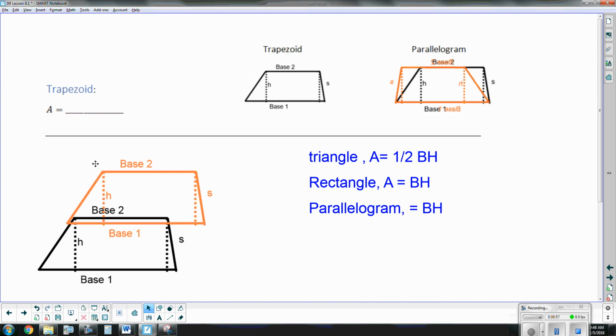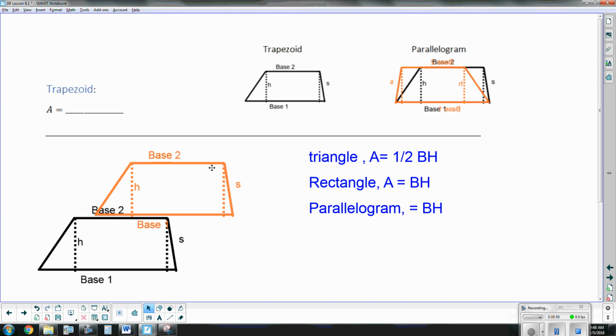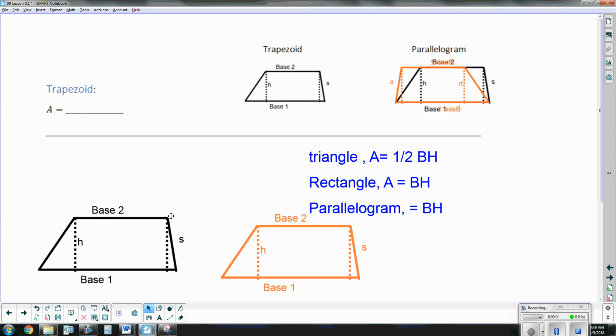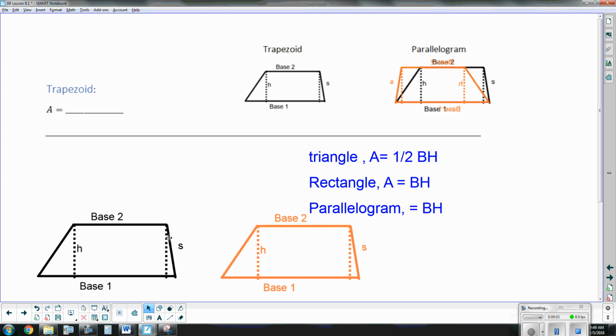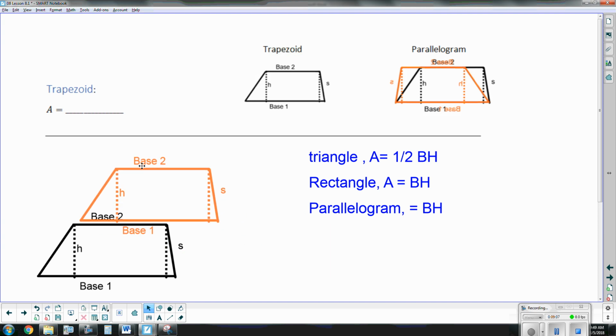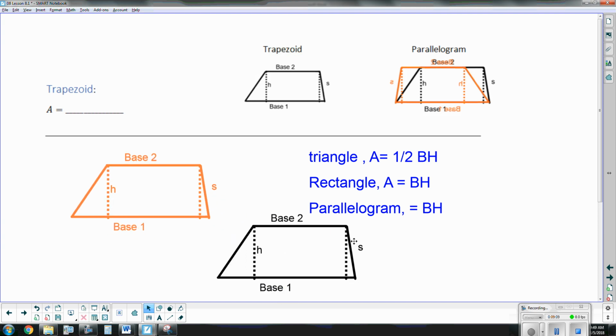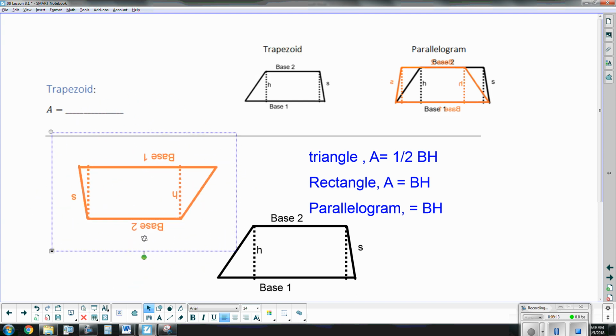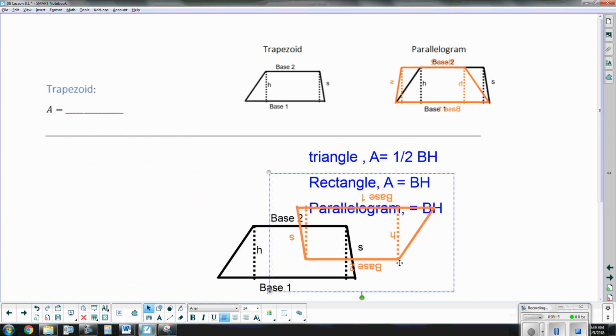So what I'm going to do here is I'm going to take this orange, that's my duplicate image, and I'm just going to rotate it so that it looks like a larger parallelogram.